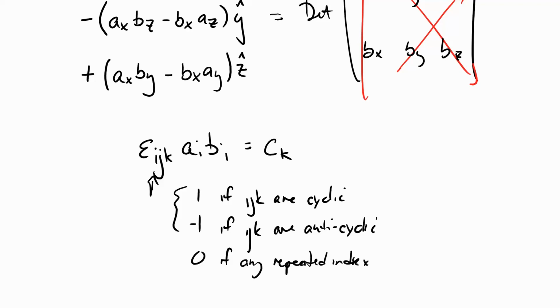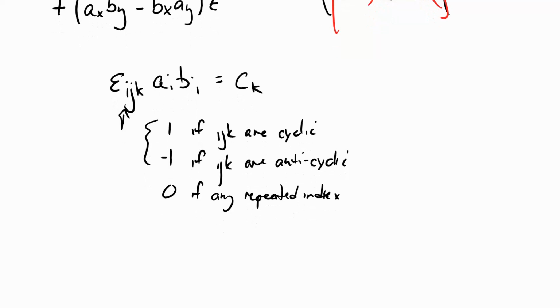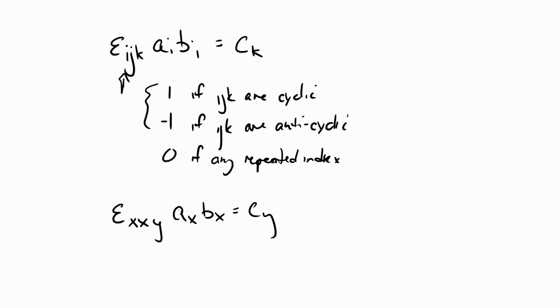So what this means, let's say I wanted to know, so I have epsilon x, x, y. So that would be ax, bx, cy. That doesn't happen because this thing is just 0.